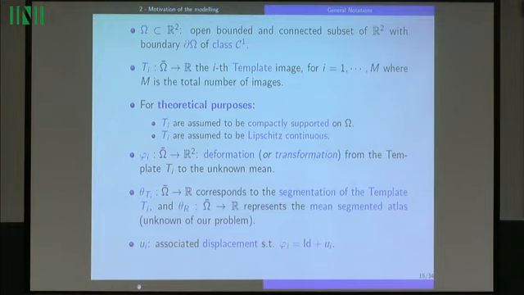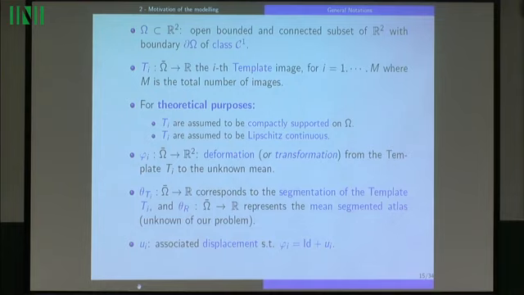Well, before depicting in depth our model, I would like to introduce some notations. So, omega here is an open, bounded and connected subset of R2 with boundary of class C1, which basically represents the image domain. Then Ti is the ith template image for i equals 1 to m, where m is the total number of images that we have.